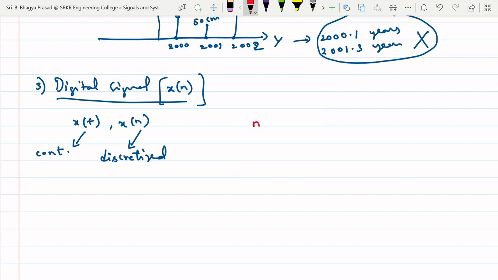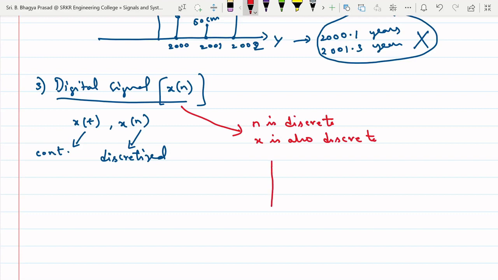n is discrete, and x is also discrete for the digital signal. So n is also discrete and x is also discrete.